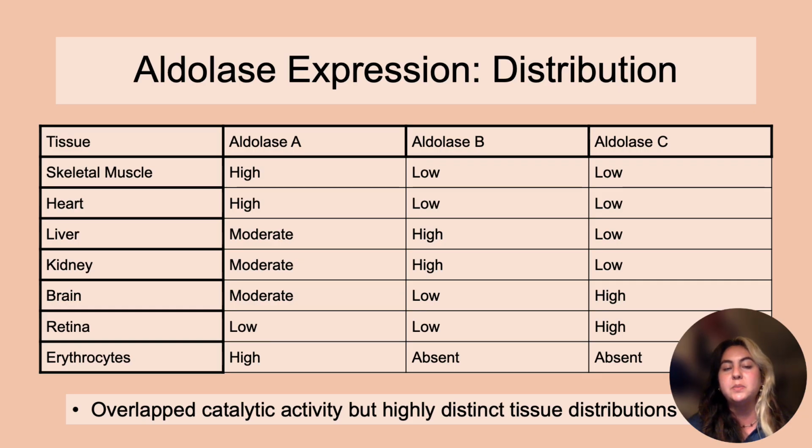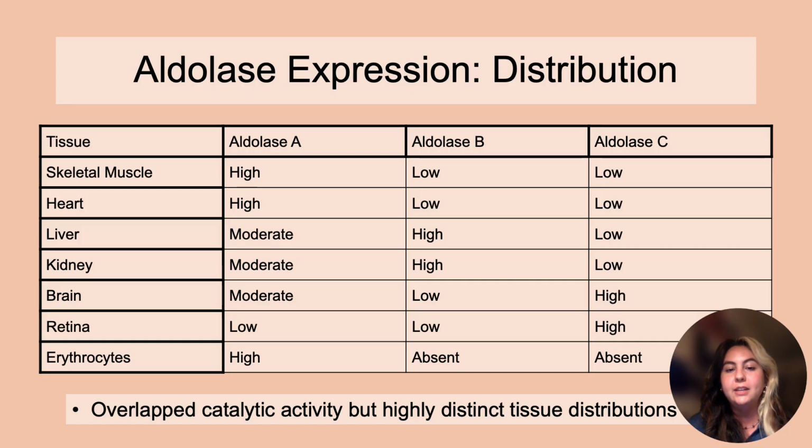That brings us back to that idea that we've discussed a couple times, subfunctionalization. These 3 isoforms are going to be filling in gaps for one another, and they're going to divide up this total workload to aid in full body energy production and metabolism. You can see that here, where we've got the different levels of expression of each of these isoforms by organ, by tissue type.